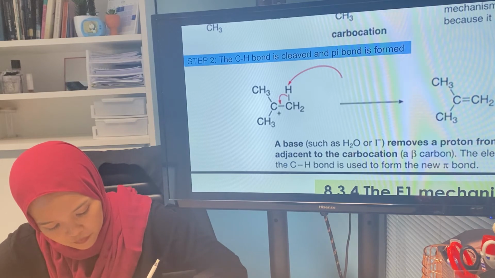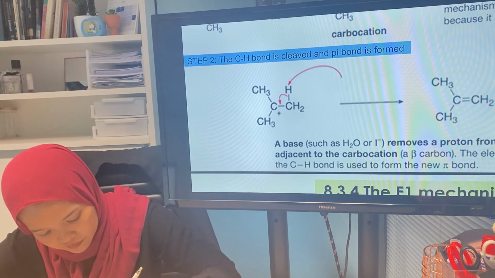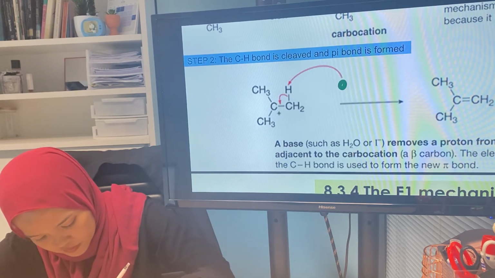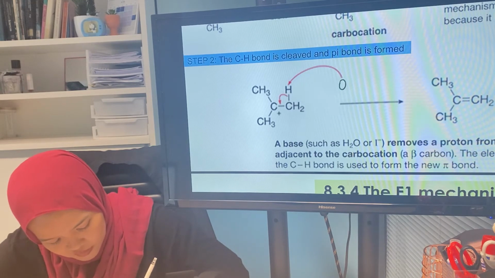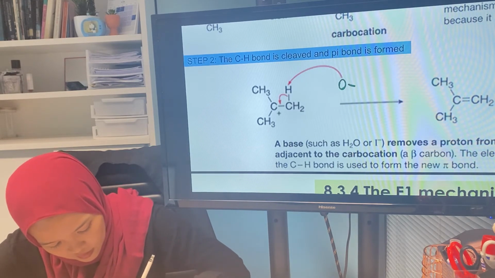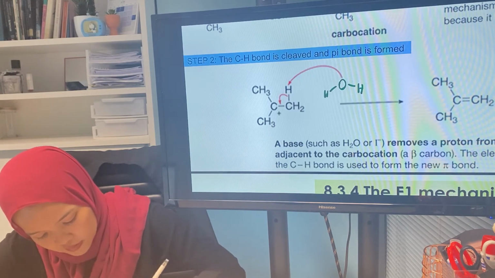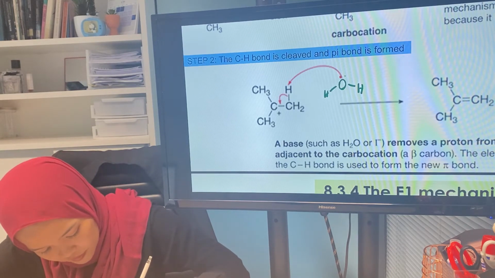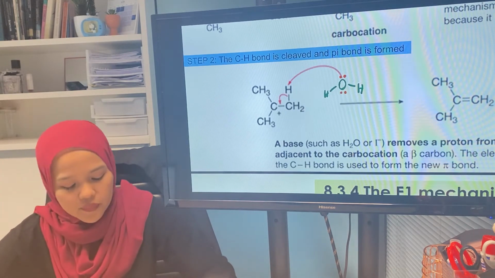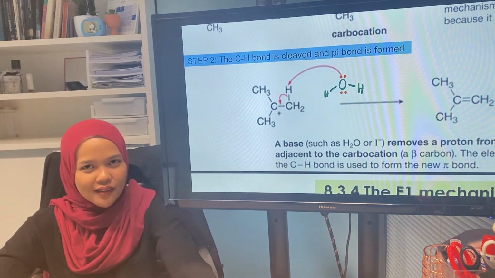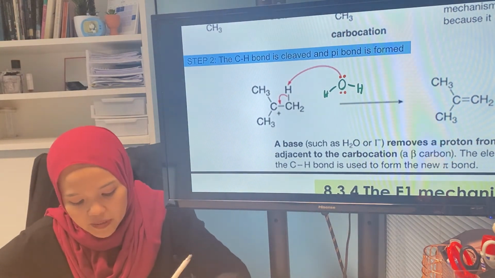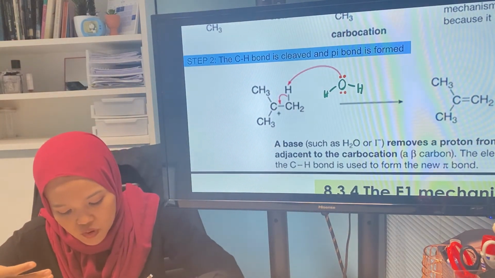For example, like this. Oxygen, hydrogen, hydrogen, and then on this you have 1, 2, 3, 4. Usually I like to draw it like that better, because in this case I just want to show you, correct?